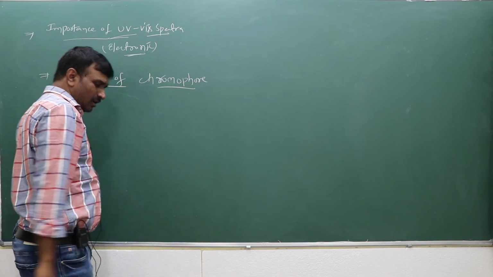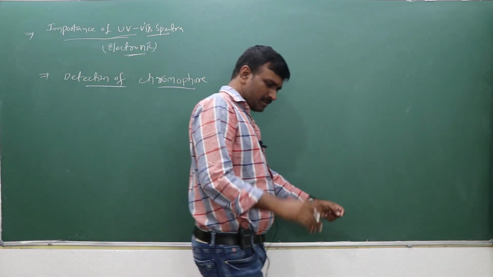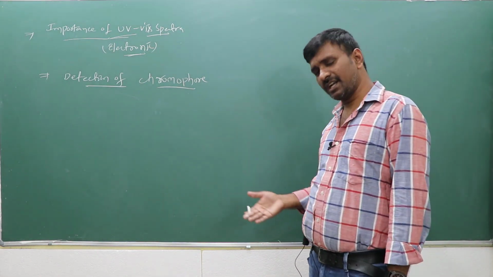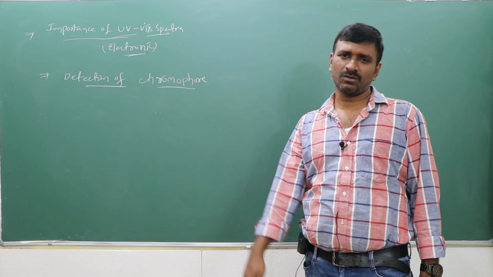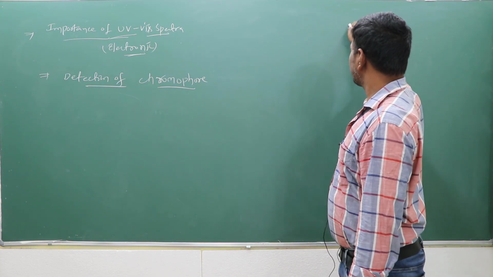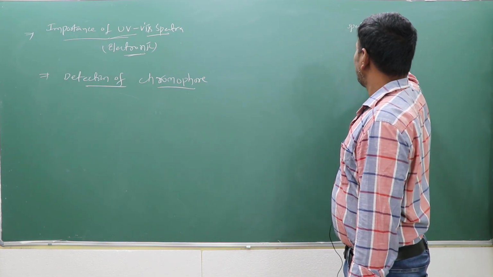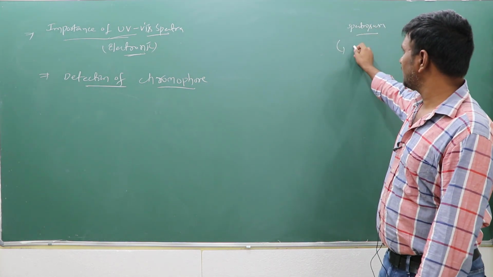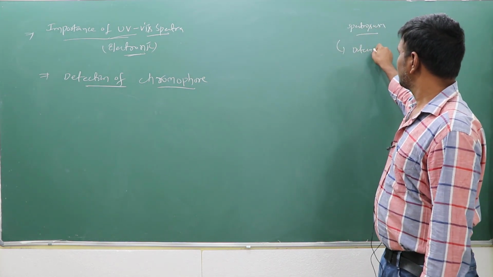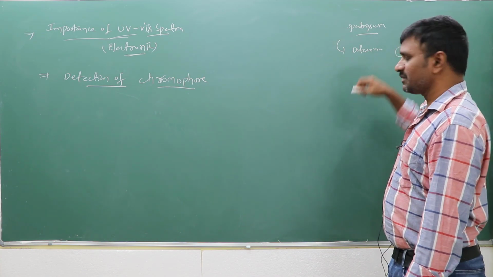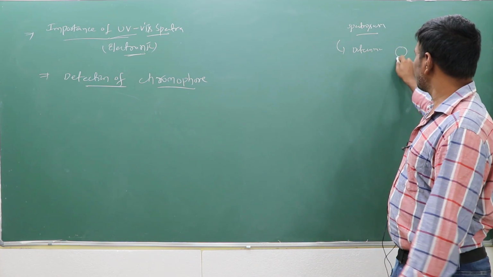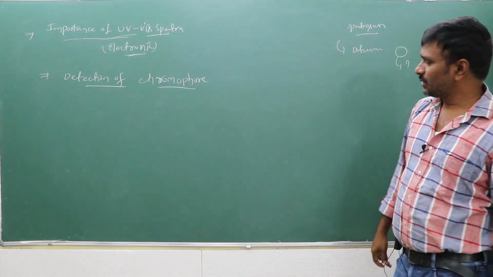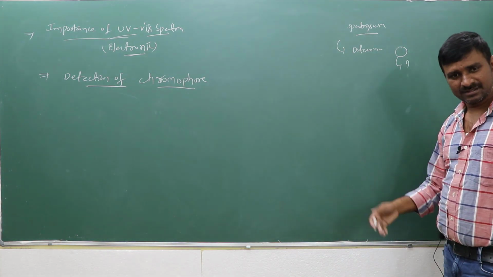Ultimately, the main aim of all spectroscopy, whether UV visible, IR, microwave, or proton NMR or carbon-13 NMR, is to determine the structure of an unknown sample. If you don't know the structure, you don't know the properties.